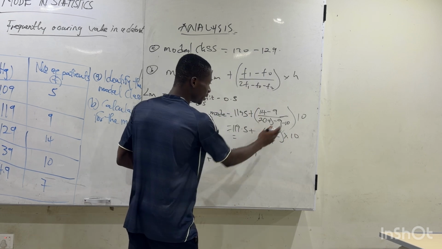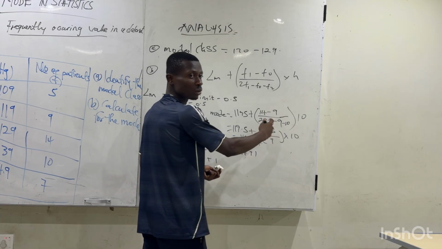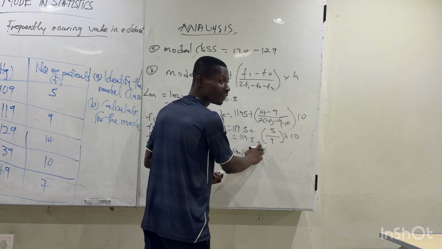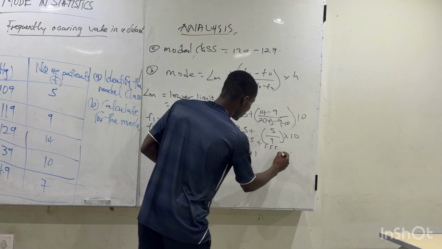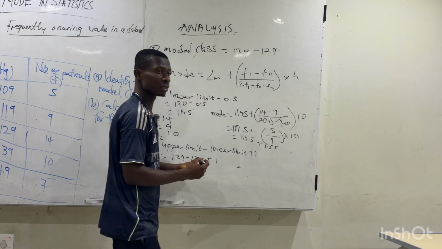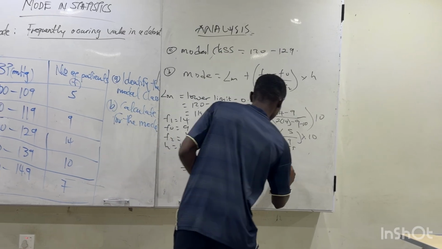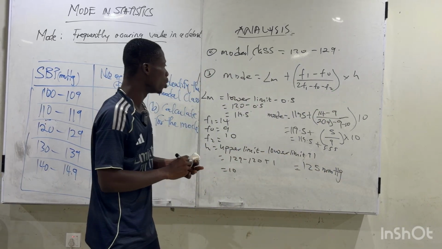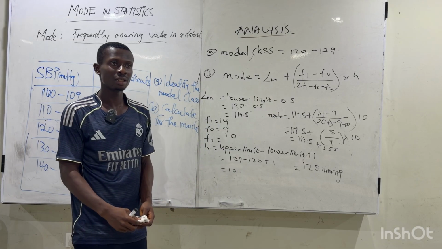So you're going to get 119.5 plus 0.5 times 10, which will be 5. 119.5 plus 5.55. Okay, so we're going to have our final answer to be 125 millimeter of mercury. Okay, so we have our mode to be 125 millimeter of mercury.